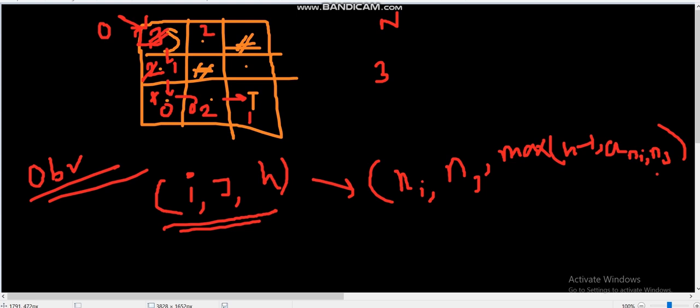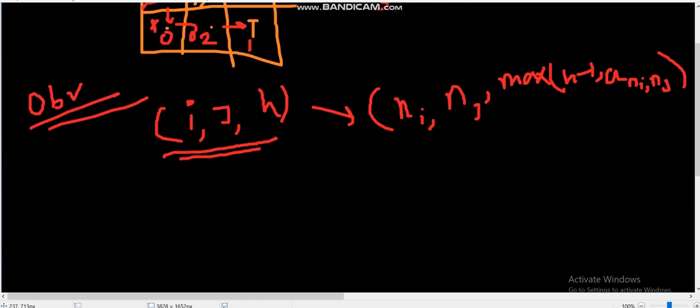So this is the transition, that we are moving from I, j, H to Ni, Nj, and this state. Here you can think about some memoization using DP, where we store I, j, H in a map and use memoization to solve this problem.